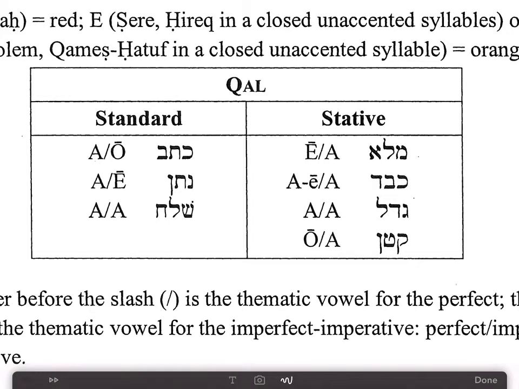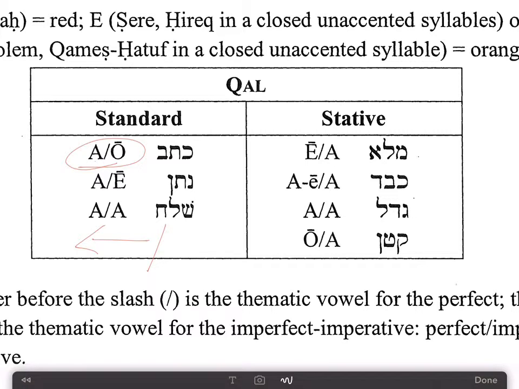And we get this designation that Dr. Fuller uses as a pedagogical tool. In standard verbs, we're going to have something like A/O. And this is what we see pretty regularly with something like katal that we have been working with. Anything to the left side of the slash is going to stand for the perfect.